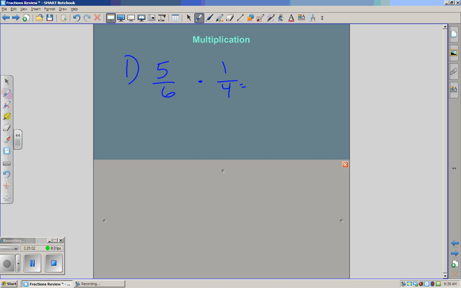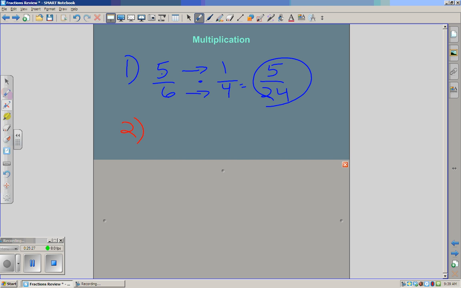So, in multiplication, the first one I'm going to show you, all we have to do is multiply across, and you have your answer. 5 times 1 is 5. 6 times 4 is 24. We still have to reduce, but this problem cannot be reduced. There's your answer. Very, very basic.